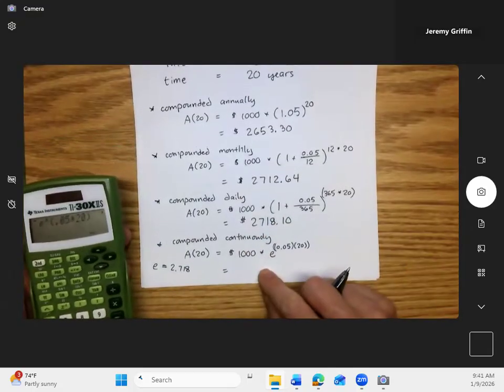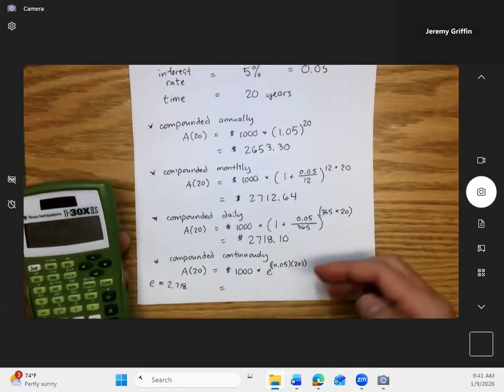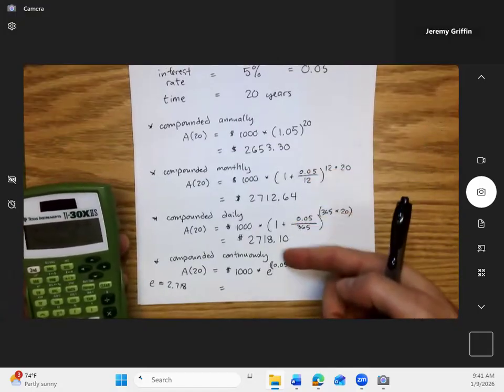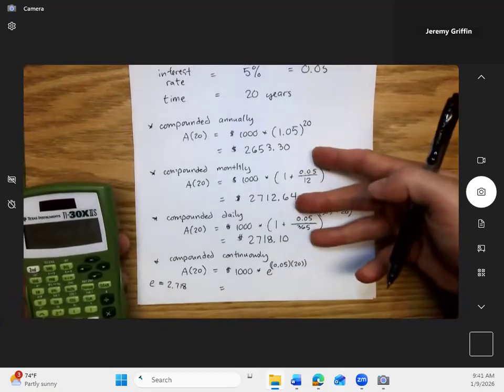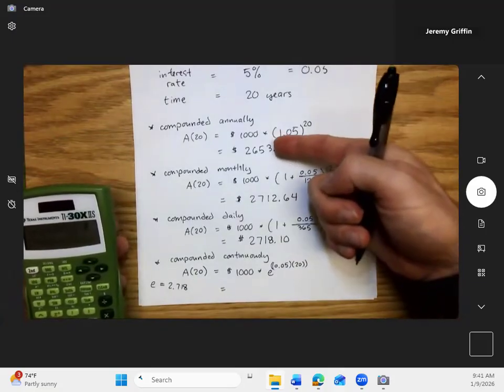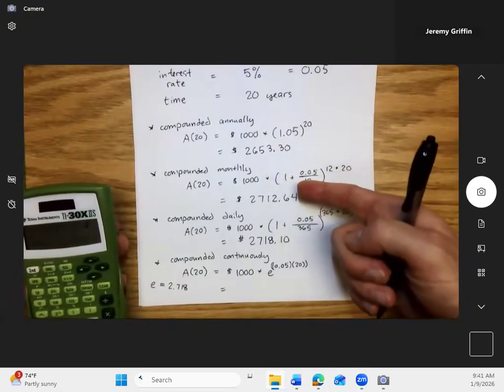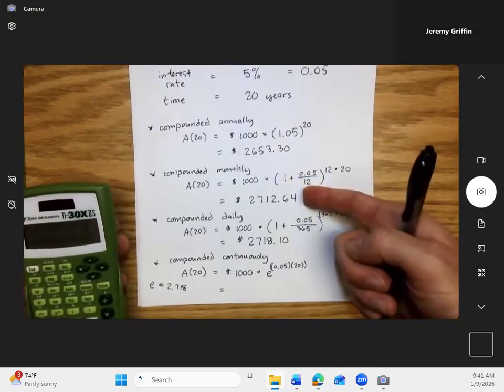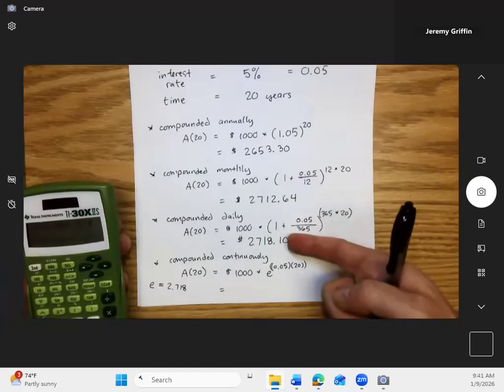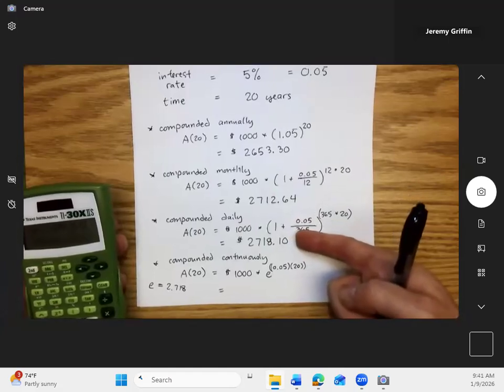Take a guess. What do you think the answer is going to be? Here we've got a pattern going. If you compounded annually, it was $2,600 some dollars. Compound monthly, that's more often, so it's a little more, 2,700. Compound every single day, now it's even a little more, $2,718. Ooh, now it's even more.